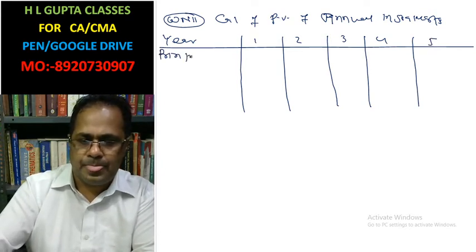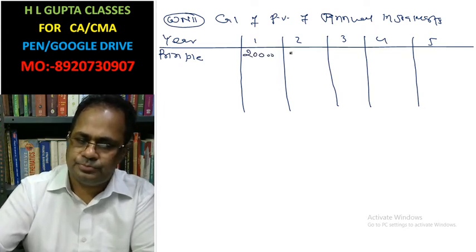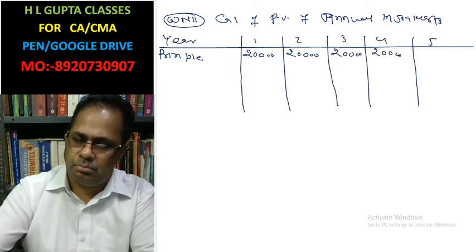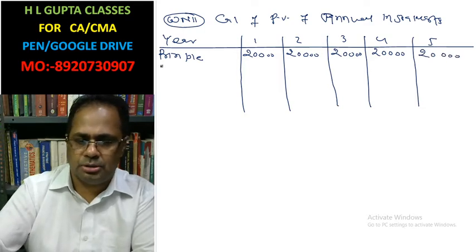Principal. You are going to pay principal 20,000, 20,000, 20,000, 20,000, 20,000.